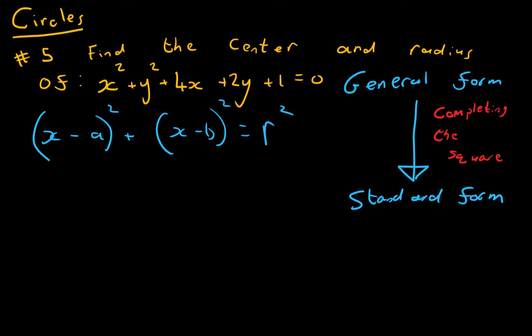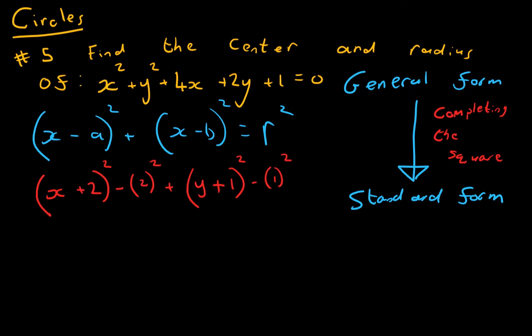Okay, so let's do that. We're going to add on half the coefficient of x and square. Because we've added on half the coefficient of x, we're going to subtract half the coefficient. Then we add on half the coefficient of y, subtract half the coefficient of y squared, and we've got plus 1.